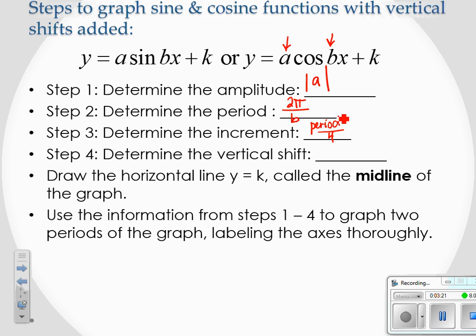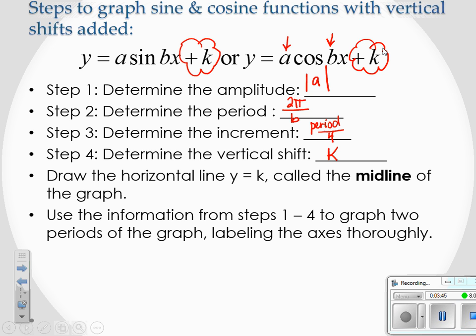That hasn't changed. But now you need to determine the vertical shift. The vertical shift is your K. This is important because it gives us our new midline.